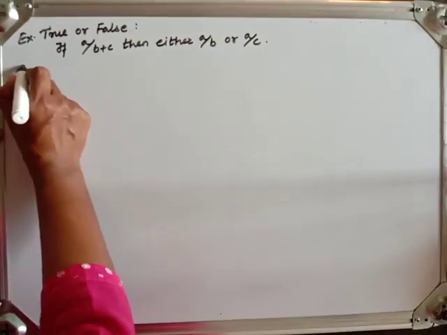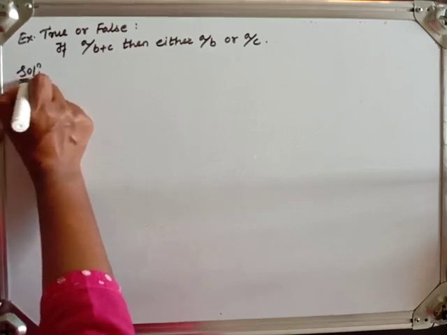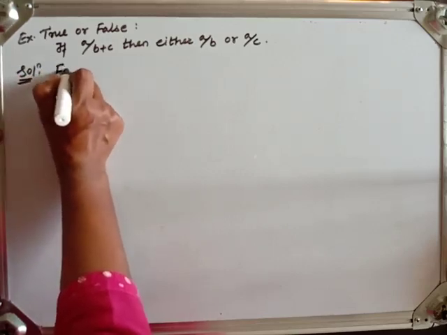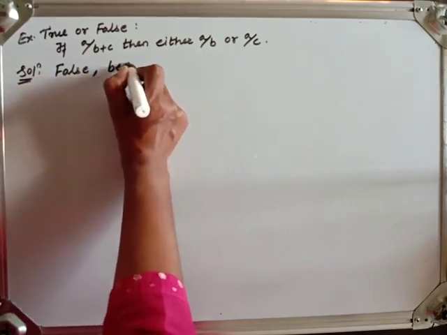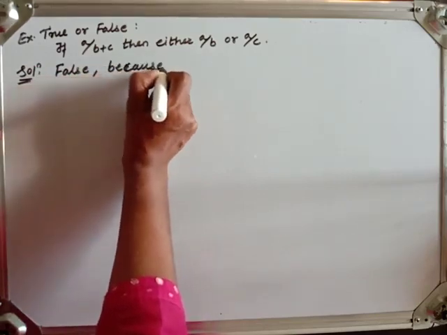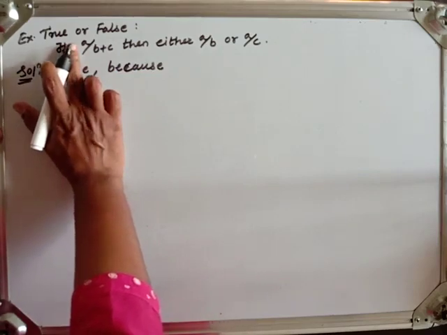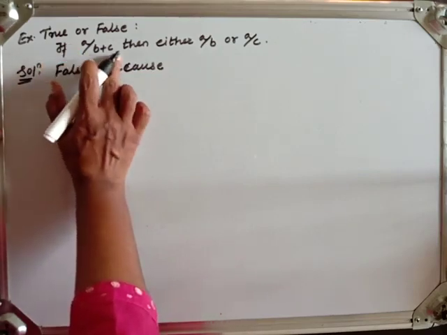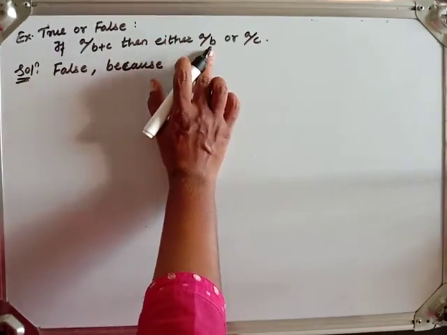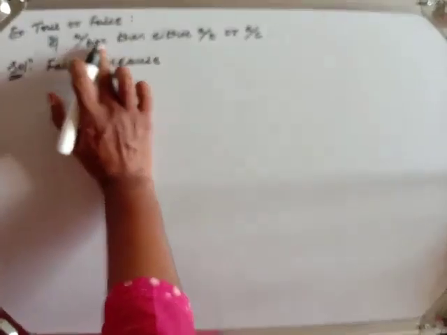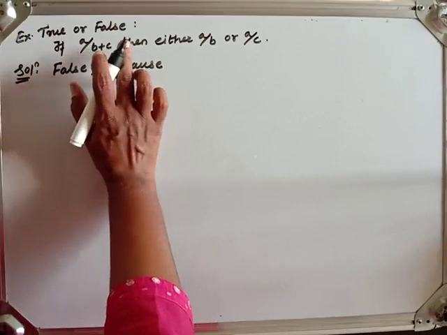Now here this is not true. Why is this not true? Let me give an example. If a number is a divisor of the sum of two integers, it is not necessary that the same number divides both of them or any one of them.